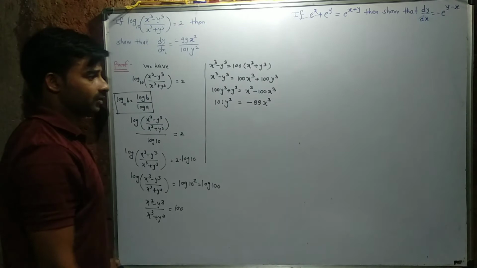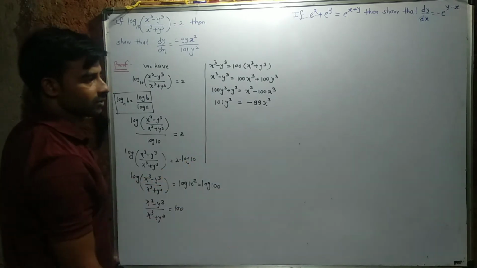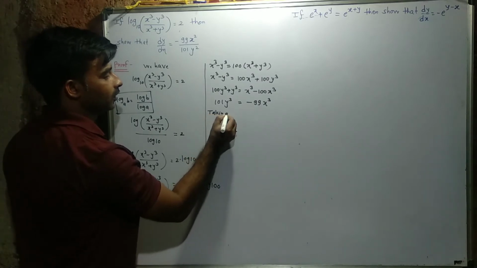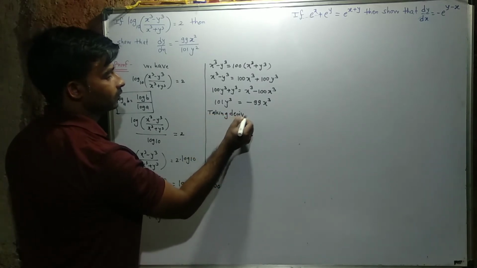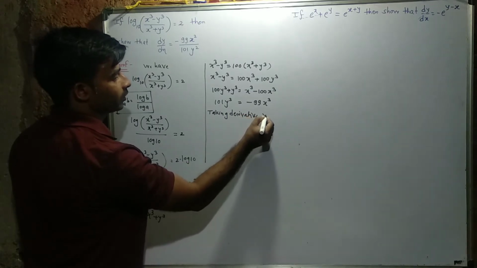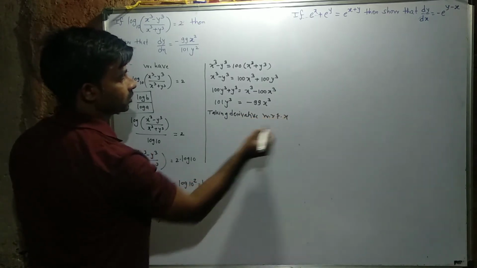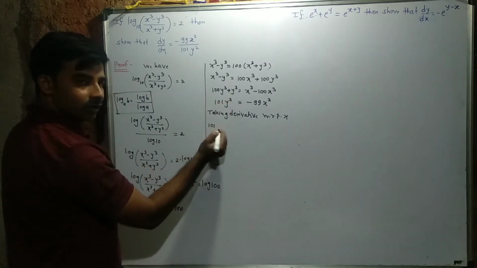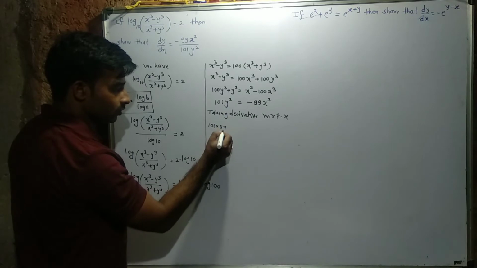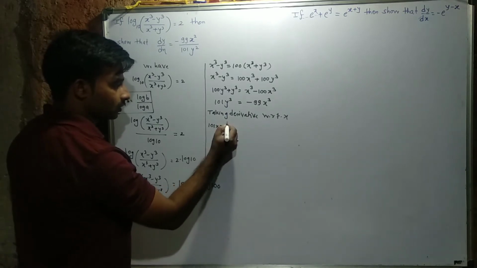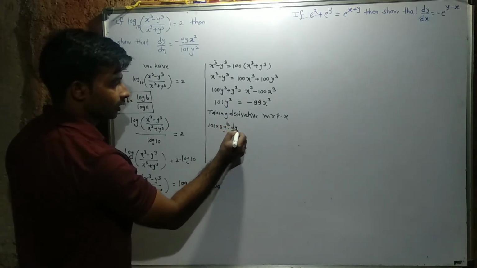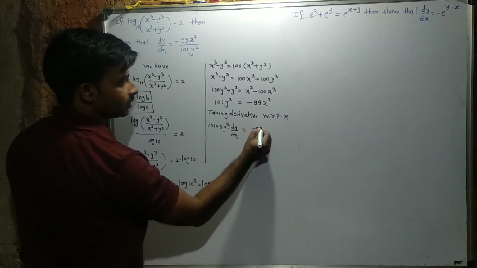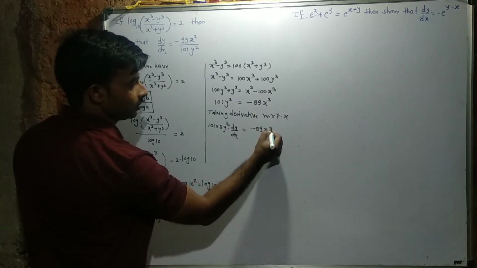Now we will take the derivative on both sides. This simplification is completed, and taking derivative with respect to x, 101 is a constant here, and y cube has the derivative 3 into y square, into again the derivative of y, which is dy by dx, and minus 99 into 3 into x square.